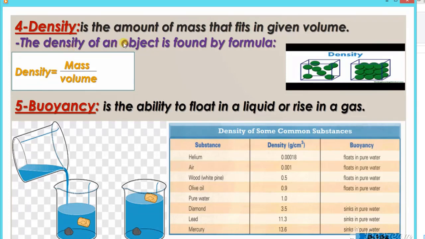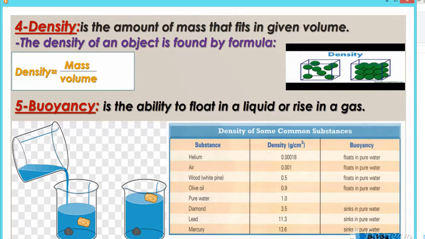The density of an object is found by the formula density equals mass divided by volume. The mass and volume of a substance are physical properties that can be measured. These properties vary because they depend on the amount of the substance present.